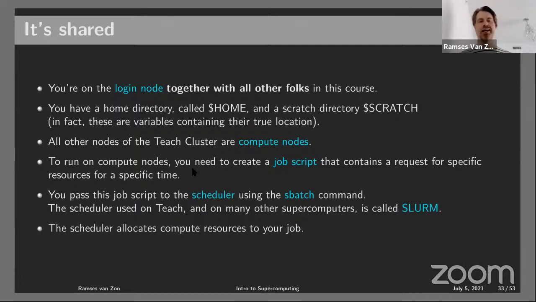The job of the scheduler is to take this long list of people submitting jobs and see who runs first and when, in as efficient a way as possible, so no unused cores, but also in a fair way, where if you've run a lot in the past, maybe it's time for somebody else to run. It takes all of these things into account in a complicated scheme called fair share, but that's its job.